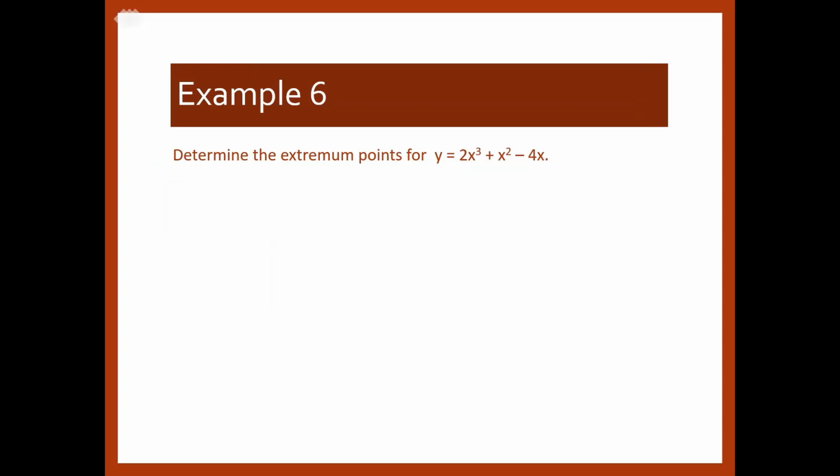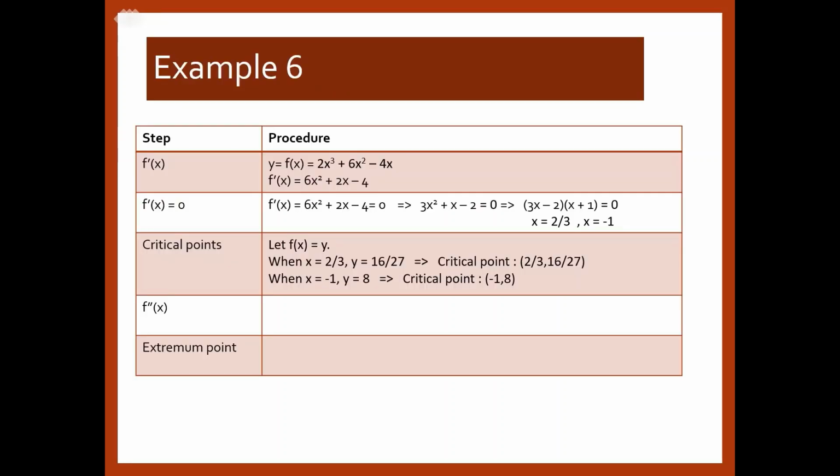Refer to example 6. You need to determine the extremum points for the given function. To solve, you need to differentiate the function with respect to x first. You should get f prime x equal to 6x squared plus 2x minus 4.